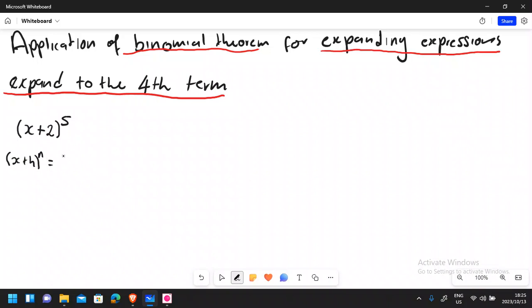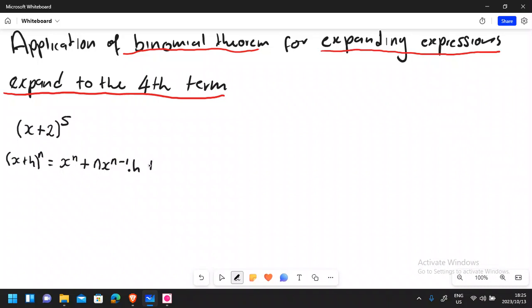So the formula, if you still remember from the previous video, is x to the power of n, and that's the first term, and then plus, the second term is going to be n, then x to the n minus 1, multiplied by h.